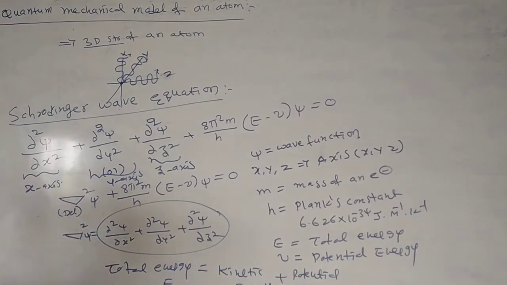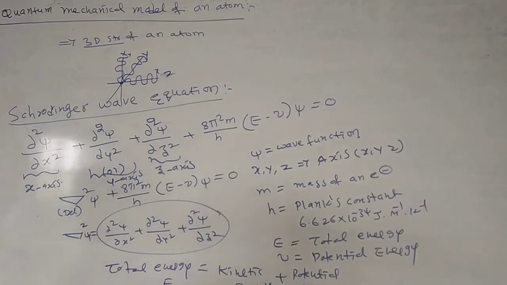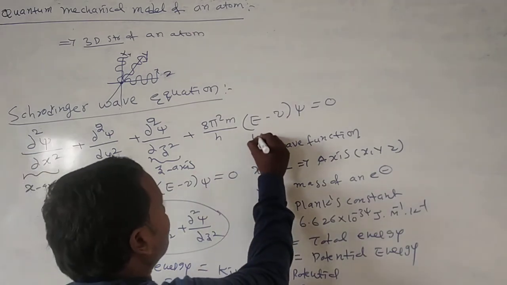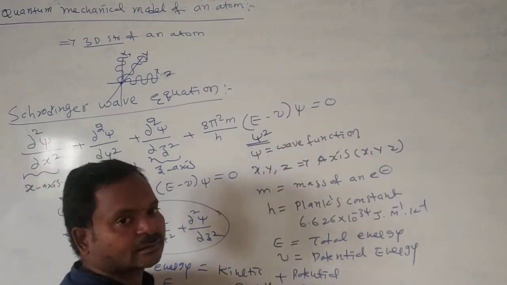This is about the Schrödinger wave equation and the quantum mechanical model of an atom, along with the Heisenberg uncertainty principle and de Broglie's principle. One more term is there. Sometimes we use psi square.